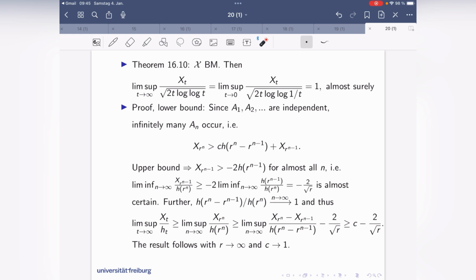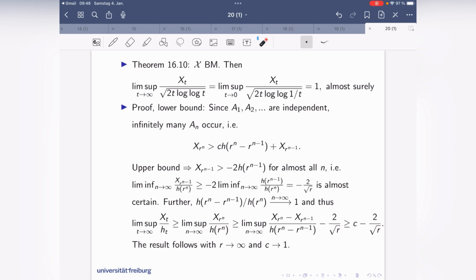Now we're almost done. We only need to put everything together. I want to know something about lim sup X_t divided by h(t). But that's rather the same as evaluating X at r^n divided by h at r^n. But I don't know anything about this because I only know things about the increment.